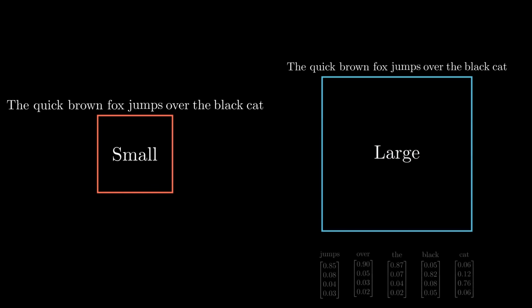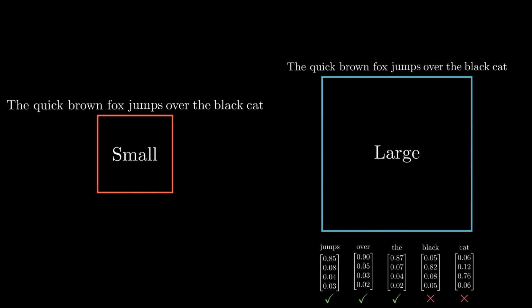Probably what will happen is the large model will verify that jumps over and the were valid and decide that the rest weren't. The core idea is basically that verifying n tokens is closer to the same amount of time as generating a single token for the large model, and generation is much cheaper if you use a smaller model. But how do you decide what's valid and what isn't?